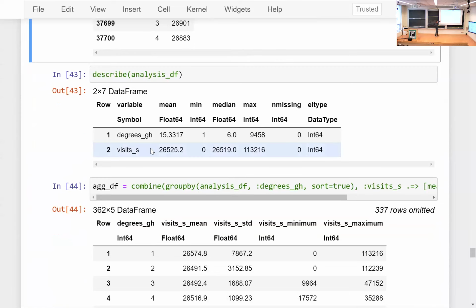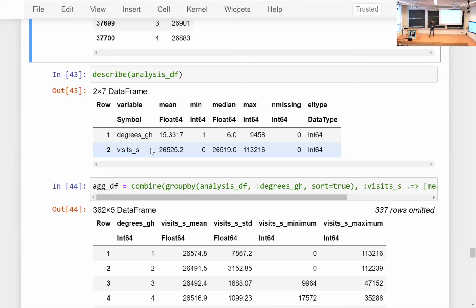So we see indeed that the mean is around 26,500, the same as the median, but the maximum is 2 times more and the minimum is 0, which means in this walk, after 1 billion steps, there are nodes I have never visited. As I said, if we do this for 10 billion steps, with high probability you will visit everyone, but 1 billion for this walk is not enough.